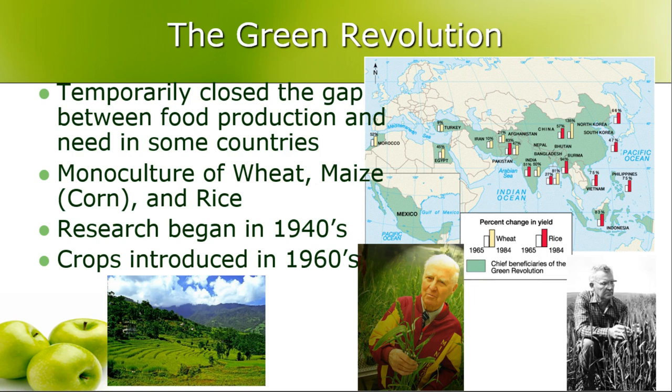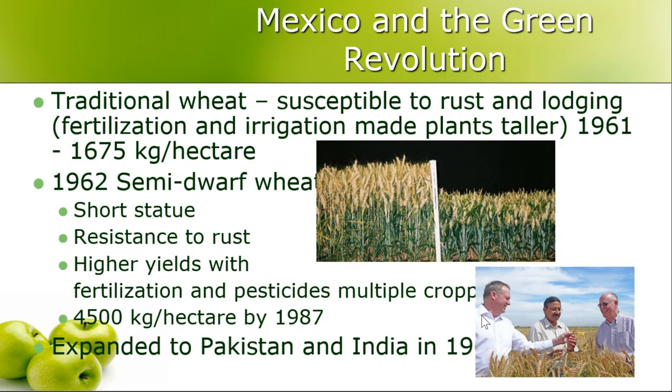There are also Green Revolution versions of corn and rice, but ultimately they start with wheat because wheat has some real problems. So Norman Borlaug, that's this man right here, who won a Nobel Prize for this actually, starts researching with making wheat that you could grow quickly and would be hardy and would do very well, and he starts this in Mexico. And then he actually introduces the crops in the 1960s, and now they're everywhere, by the way.